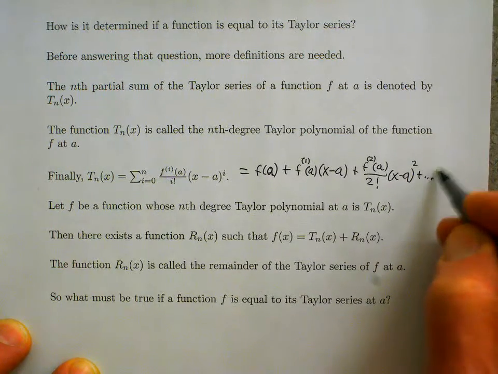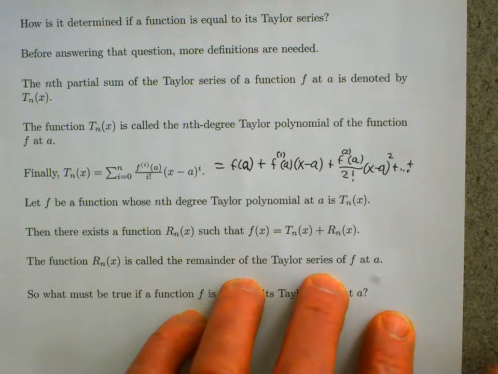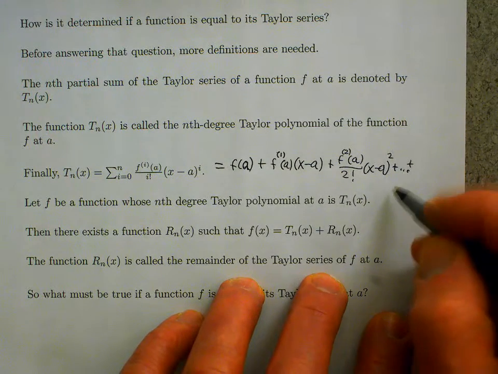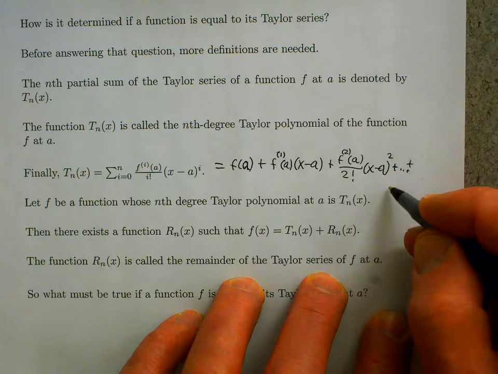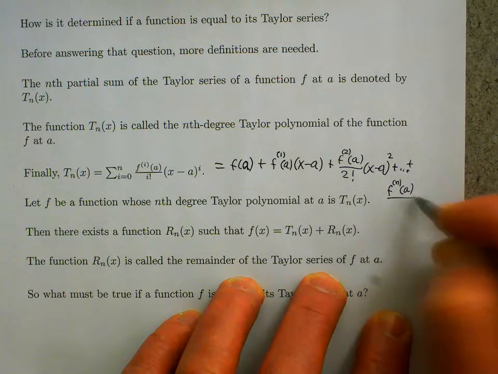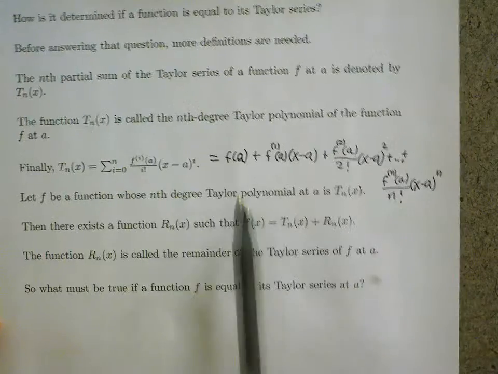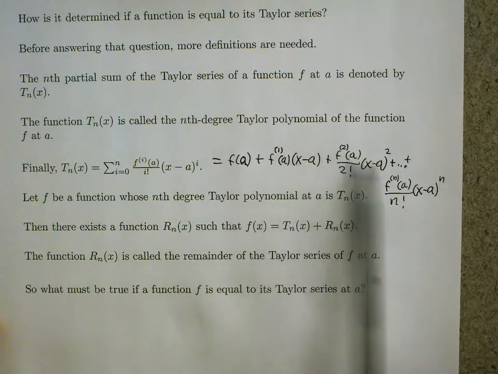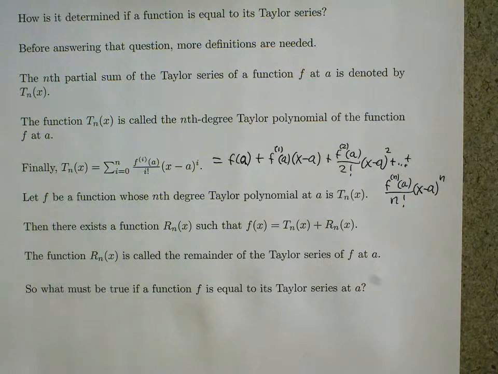And the last term of the degree n Taylor polynomial is the nth derivative of f evaluated at a divided by n factorial times x minus a to the n. Okay, so in general, there are n plus 1 terms in the Taylor polynomial T sub n.